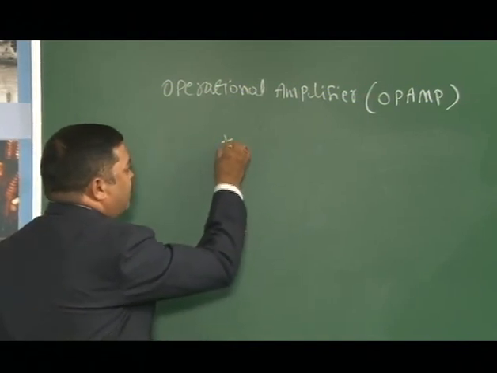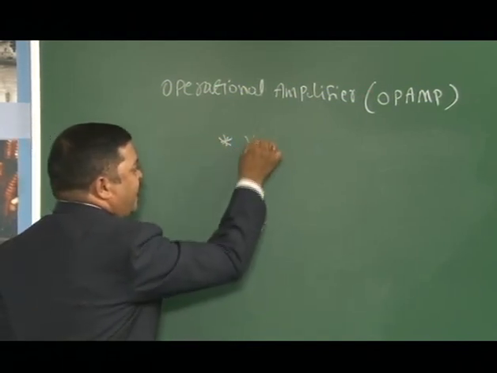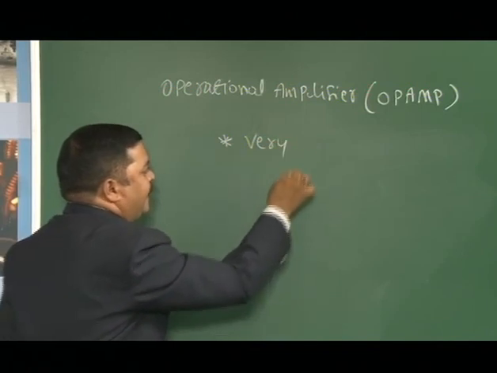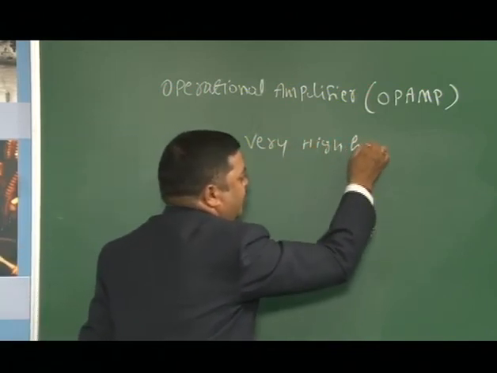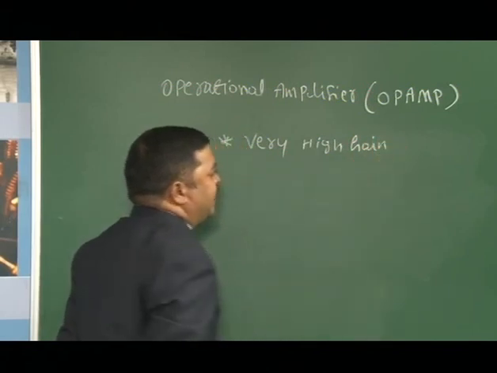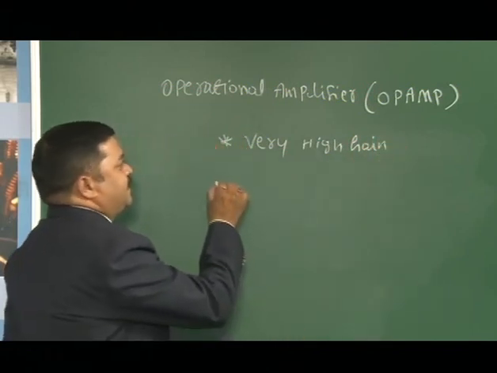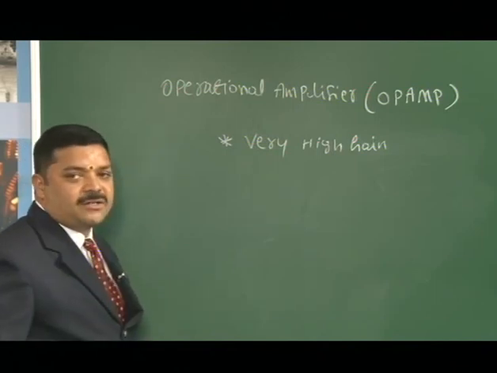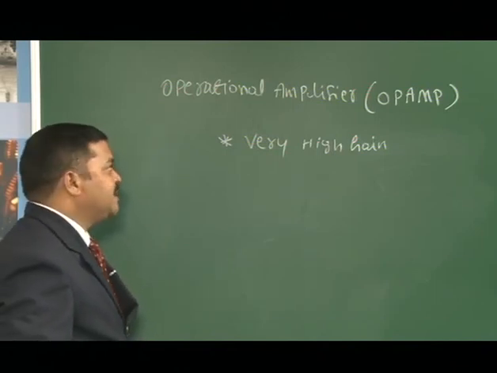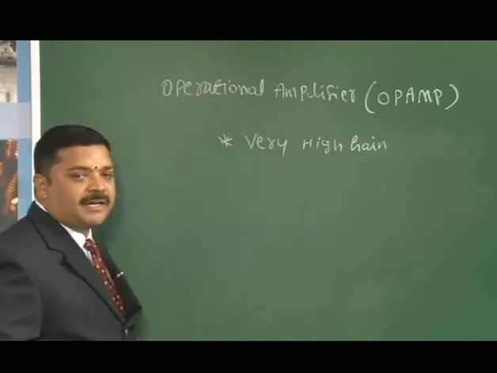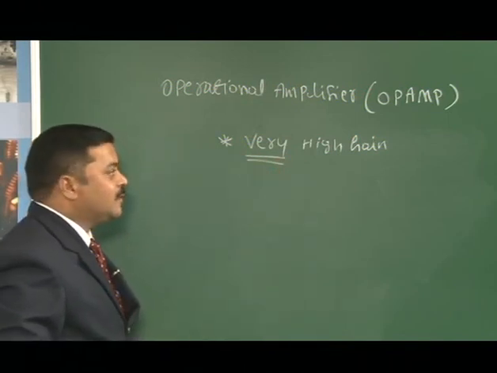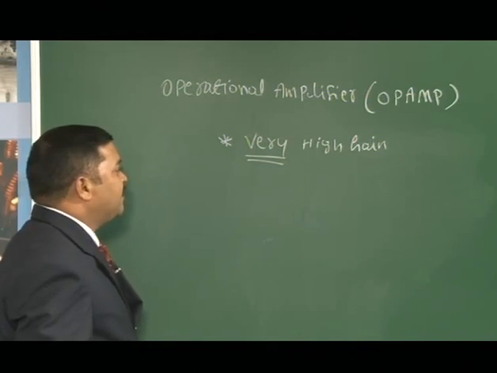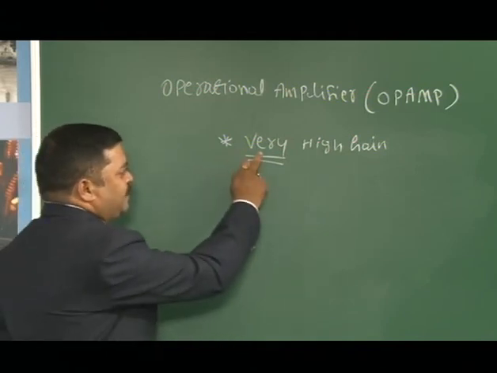First point, an operational amplifier has a very high gain. What is gain? Gain is given by the ratio of output voltage to input voltage. If we take the ratio of output voltage to input voltage of an operational amplifier, it gives us a very high value of voltage gain. So, the operational amplifier is defined, as the first point, by very high gain.